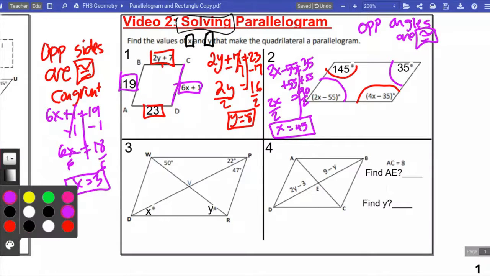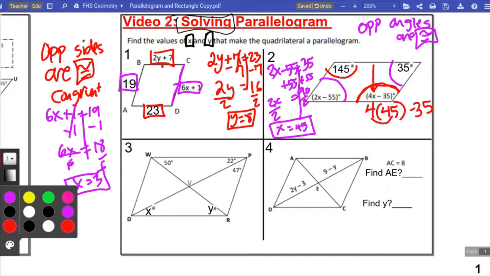It looks like we just need an x, so I don't see a letter y. But if you wanted to go further, the question is asking you to find this angle right here. Since you now know what x is, just plug it in for x. So it will be 4 times 45 minus 35. What is 4 times 45?